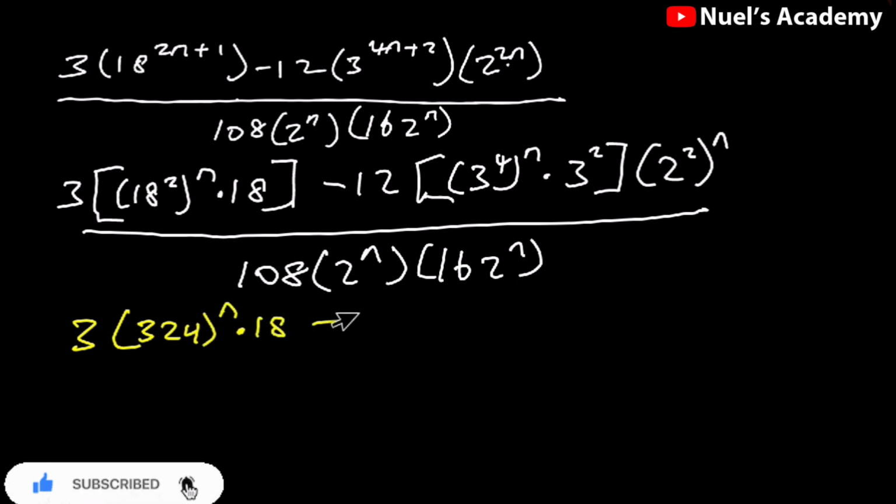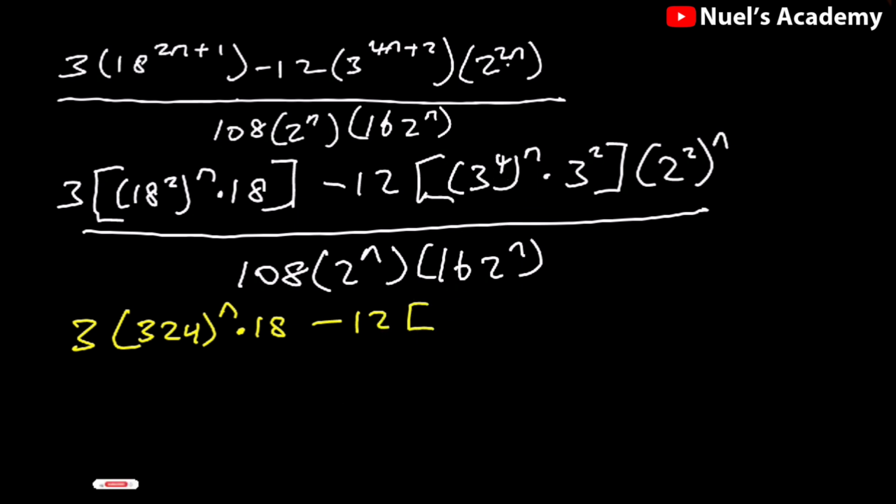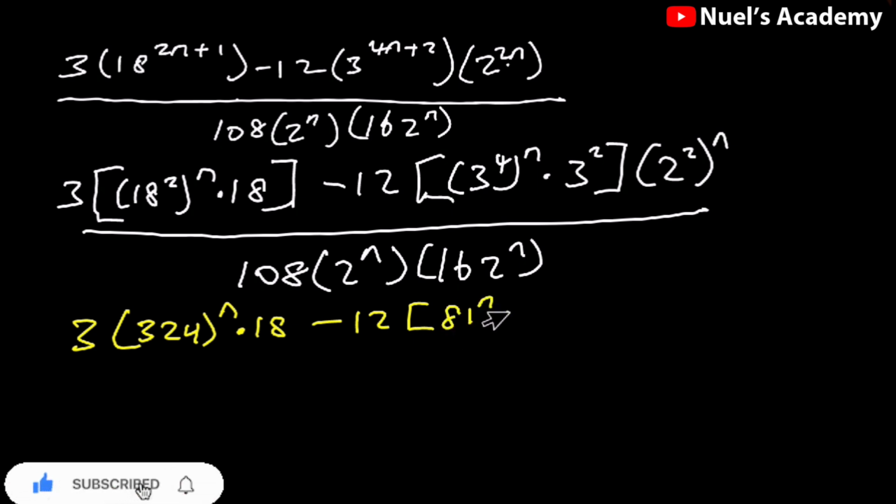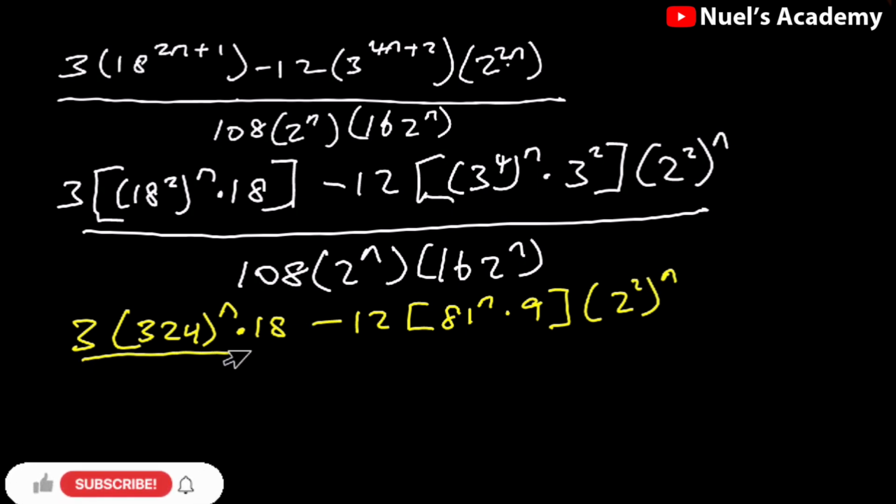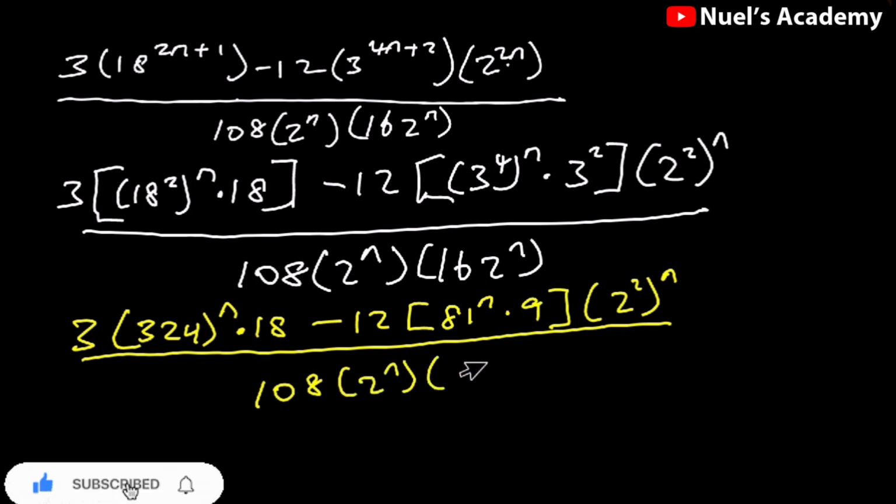So we have minus 12 into 3 raised to the power 4. So we have 3 raised to the power 4 is equal to 81, then raised to the power n, then multiplied by 3 squared is 9, then multiplied by 2 raised to the power 2 all raised to the power n, then over 108 multiplied by 2 raised to the power n multiplied by 162 raised to the power n.